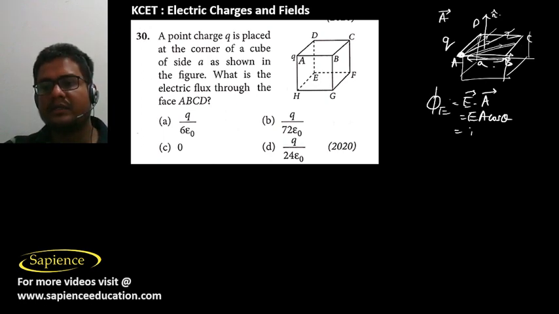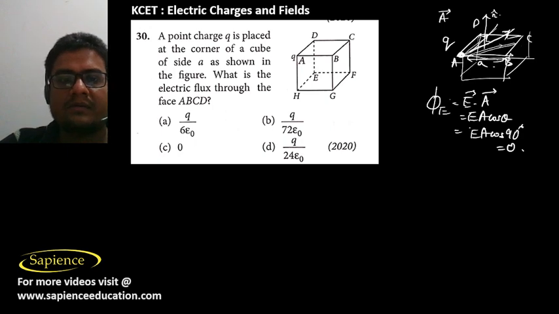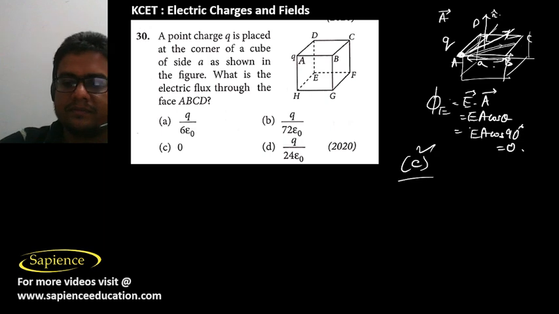Theta is 90 degrees, so EA cos theta is zero. The net electric flux through face ABCD is zero.